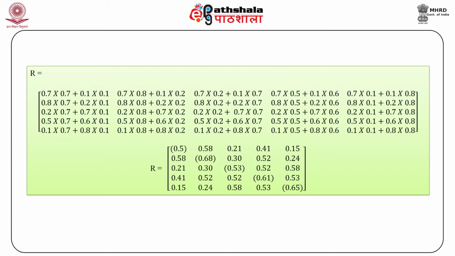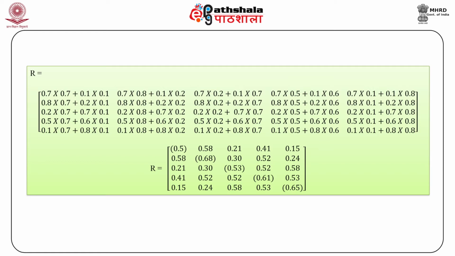Therefore, R is equal to 0.5, 0.58, 0.21, 0.41, 0.15, 0.58, 0.68, 0.30, 0.52, 0.24, 0.21, 0.30, 0.53, 0.52, 0.58, 0.41, 0.52, 0.52, 0.61, 0.53, 0.15, 0.24, 0.58, 0.53, 0.65.